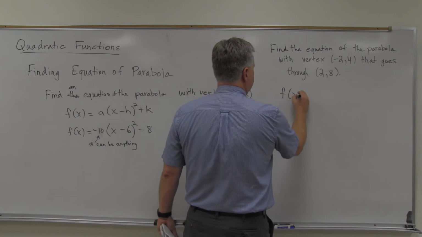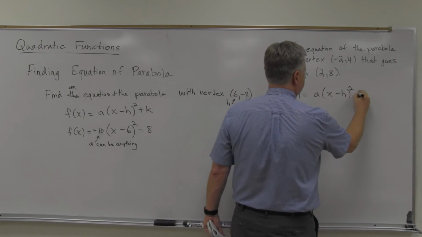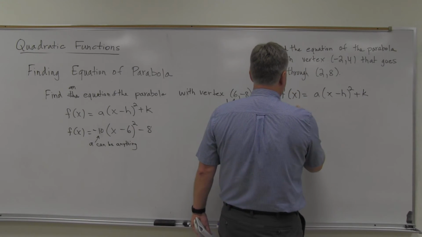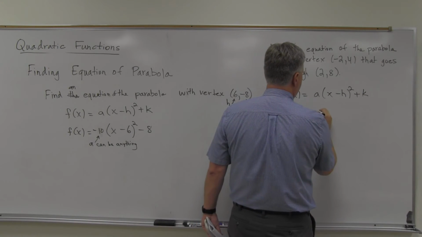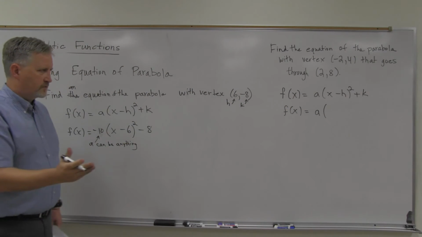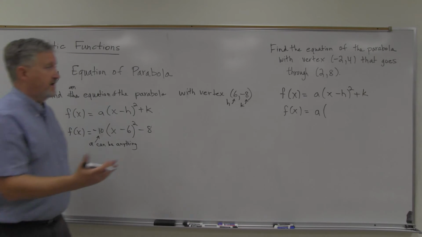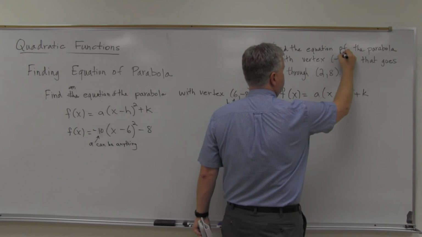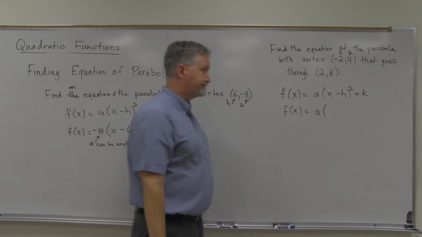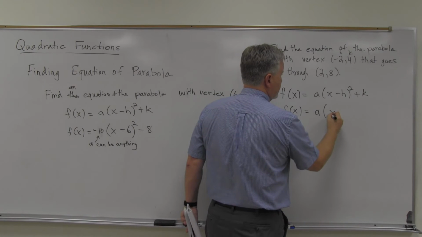All right, so our vertex form, f of x equals a times x minus h squared plus k. In this particular parabola, I've got my h and k, don't I? What's h and what's k? h is negative 2, k is positive 4. And so that's going to make my function f of x equals a.